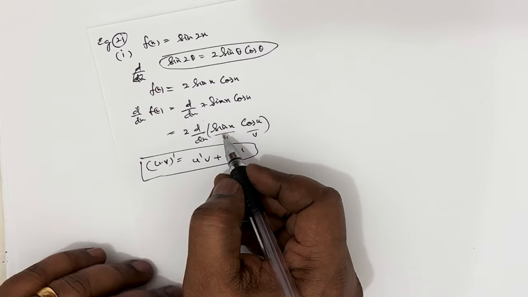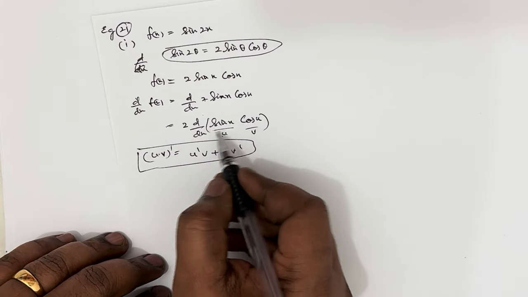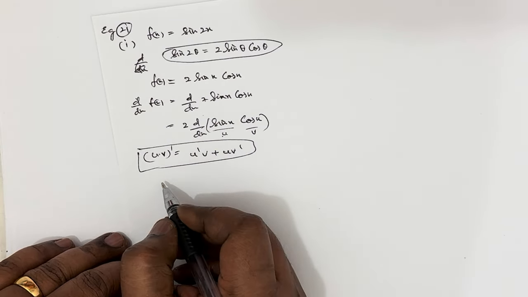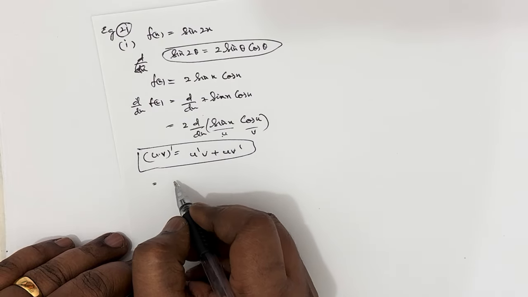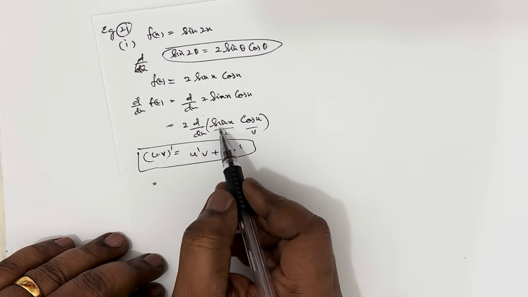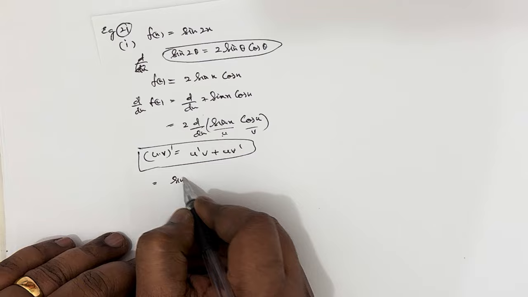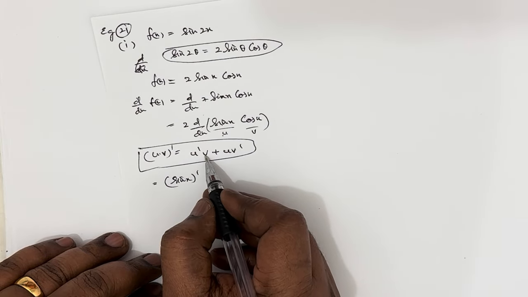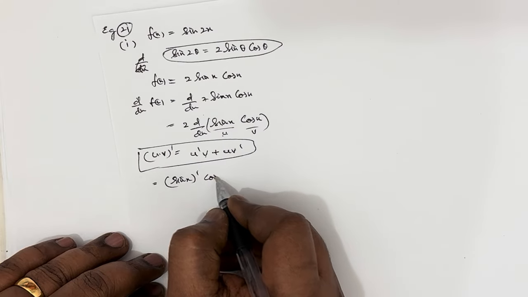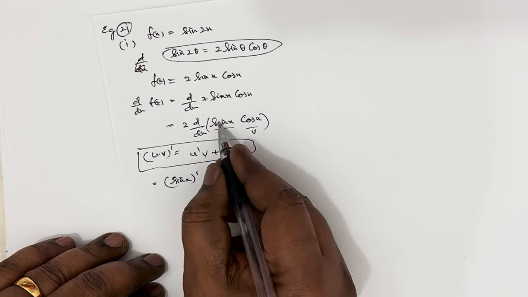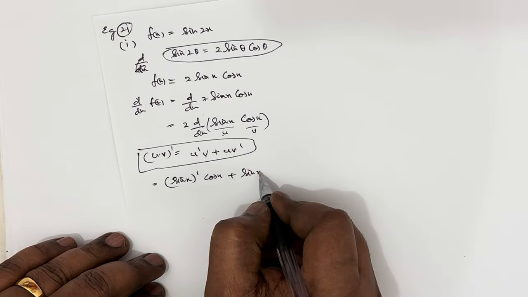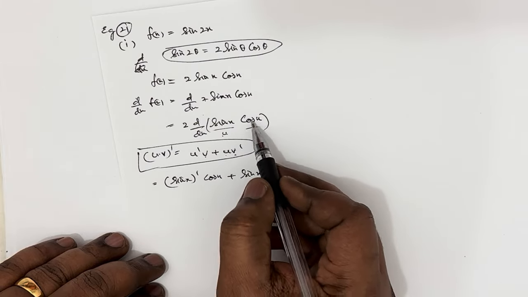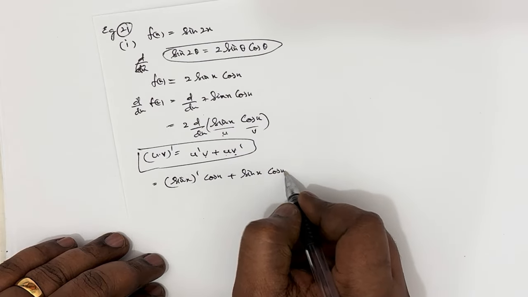So let's do this according to this. Now this is u, so u dash is sine x whole dash, multiplied by v, that is cos x, plus u as it is, sine x, and v dash, so cos x whole dash.